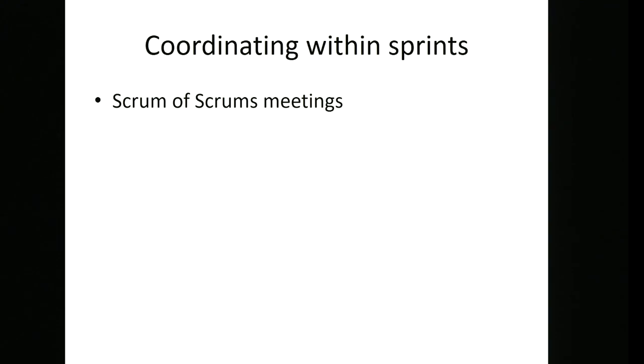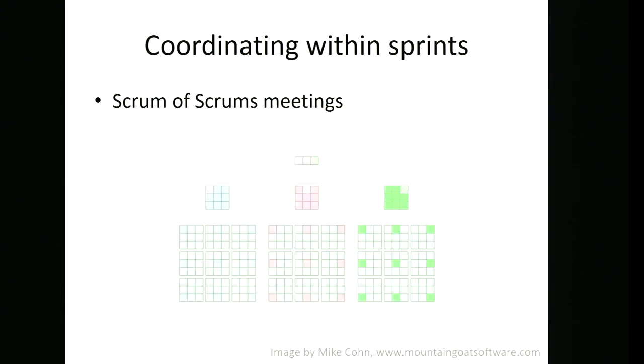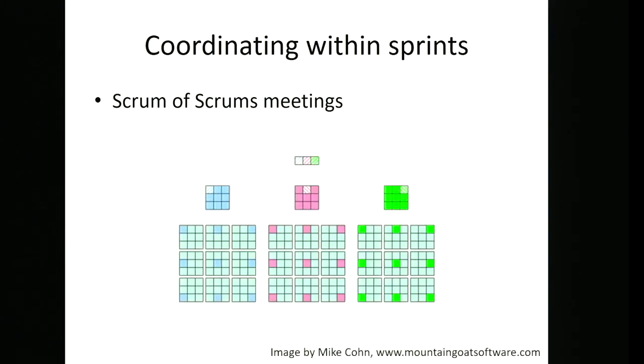So we might have this idea of a scrum of scrums, which might look something like this, where, obviously, this is a very big agile project with many teams. This is a sort of extreme example where we've got three levels here.